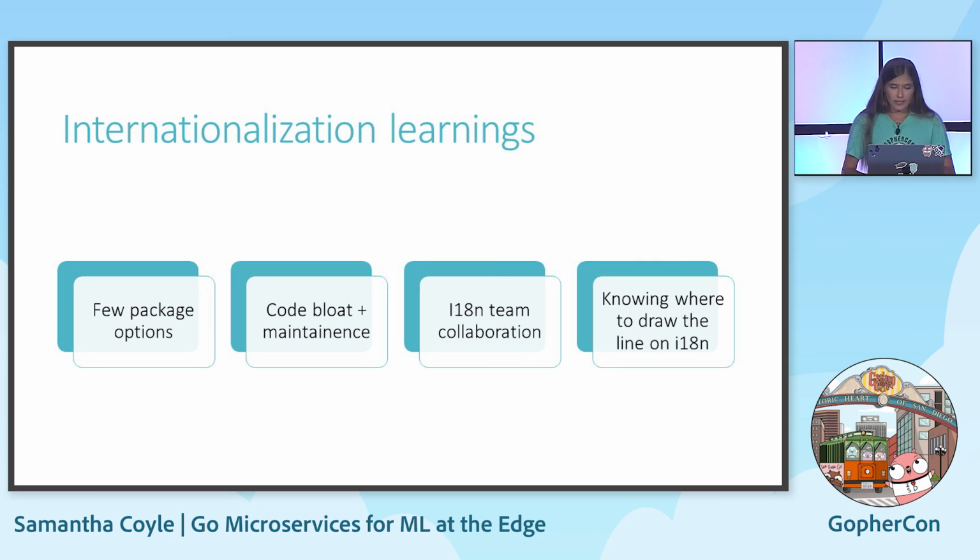And then lastly, knowing where to draw the line when it comes to what to internationalize is sometimes really hard. So for us, it doesn't make sense to translate logs. Like debug logs, that would not make sense. But there were things that did make sense, so that depends on your use case. And for ours, I showed y'all some of what we translated.